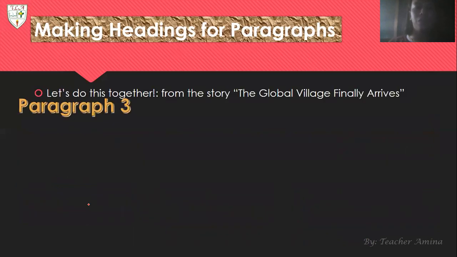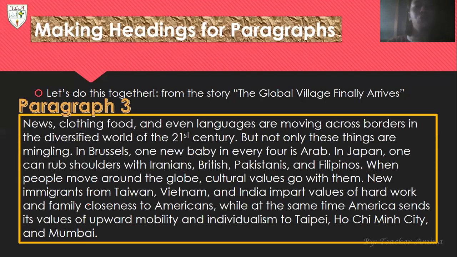Let's do this together from the same story, paragraph 3. News, clothing, food, and even languages are moving across borders in the diversified world of the 21st century. But not only these things are mingling. In Brussels, one new baby in every 4 is Arab. In Japan, one can rub shoulders with Iranians, British, Pakistanis, and Filipinos.